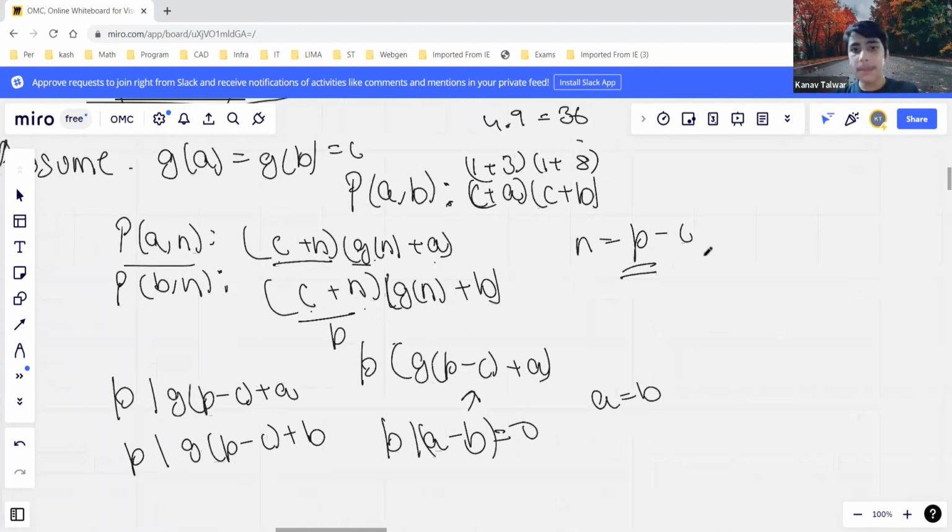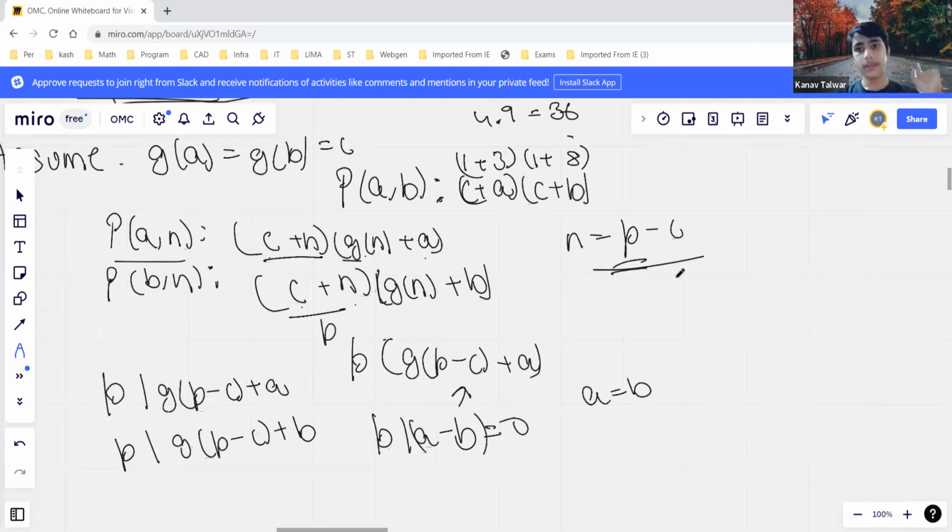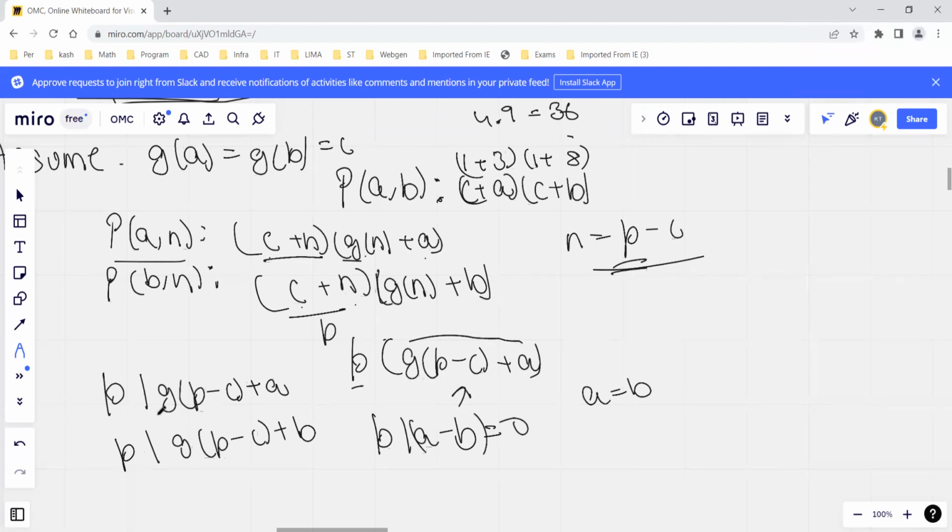Yes. Okay. Now we choose n to be P minus C, where P is a very large prime. Thus P times g of P minus C plus A is a perfect square. Hence P must divide this thing, right? Yes.